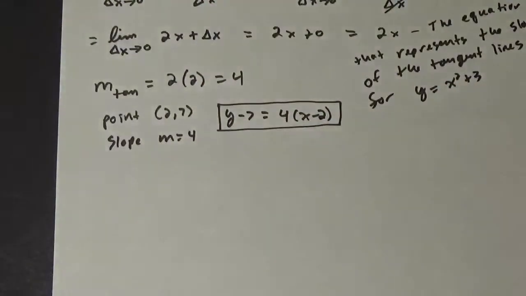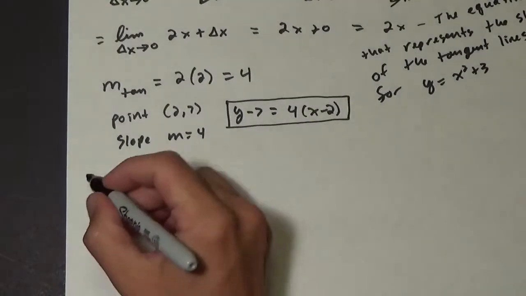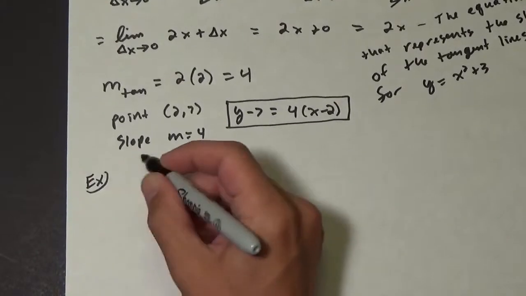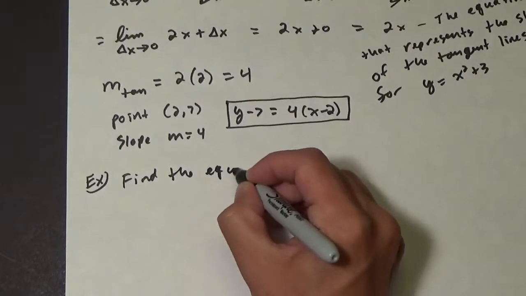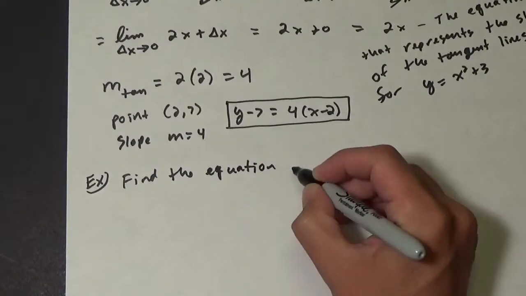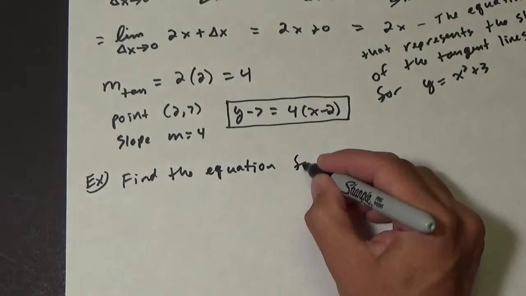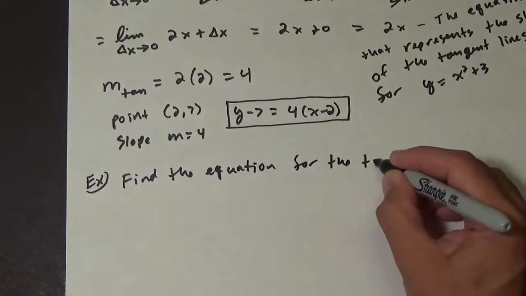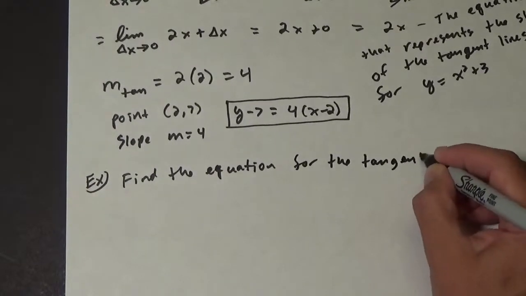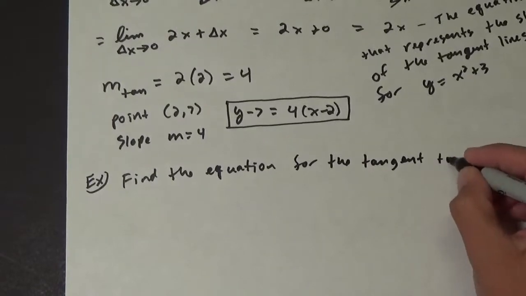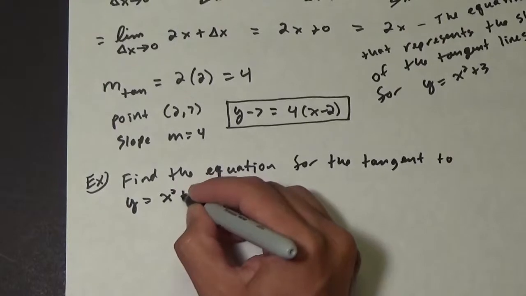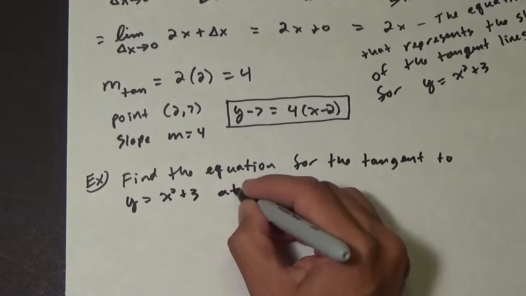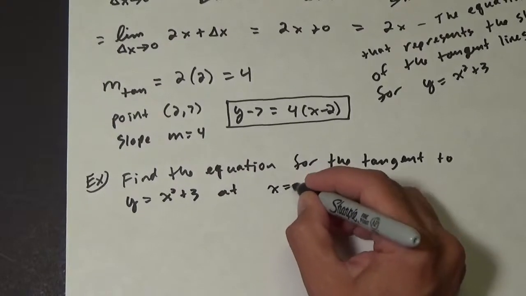So let's say we had this question here. Let's find the equation for the tangent to y equals x squared plus 3 at x equals 3.